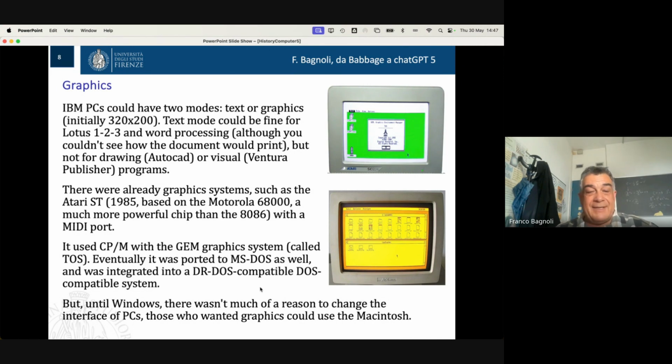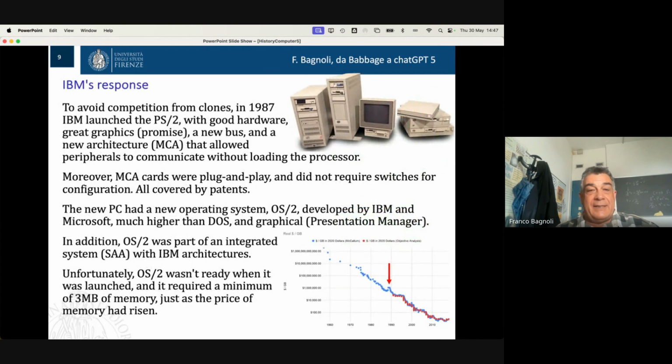So okay, the IBM, which was not satisfied by the IBM PC because it was essentially copied by a lot of other enterprises, and it was really low level, tried to develop a new version, the PS/2, with a very good hardware and also a very interesting architecture, which was really multitasking and so on.